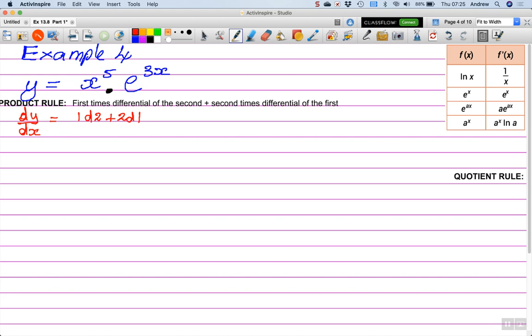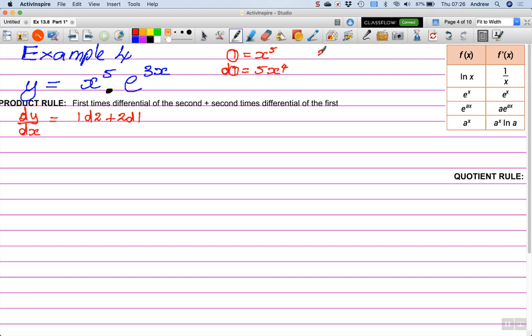You then will be writing down what the first is. Well, the first is equal to x to the power of 5. So the differential of the first is equal to 5x to the power of 4. So technically at this stage you've already passed the question. You've got a grade 8 because you've identified the fact it's a product rule. You've actually started to use the formula and you've got one of the differentials correct.